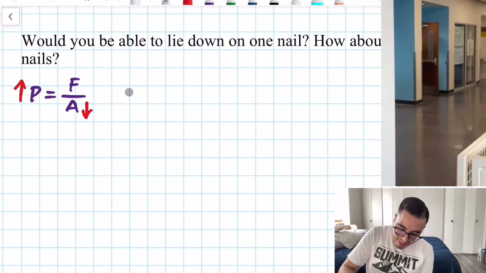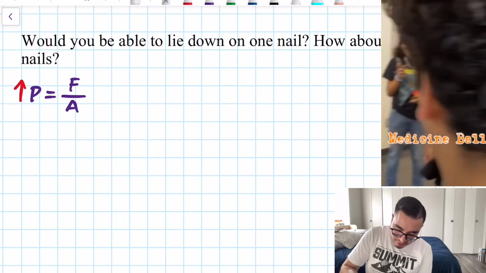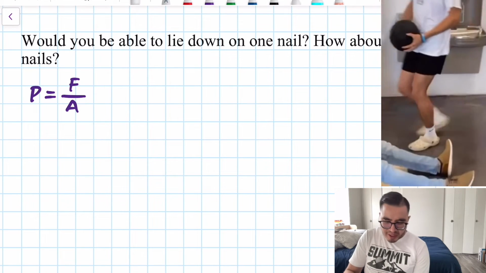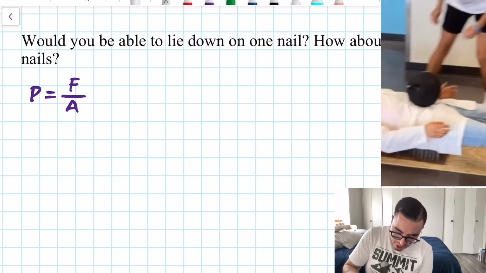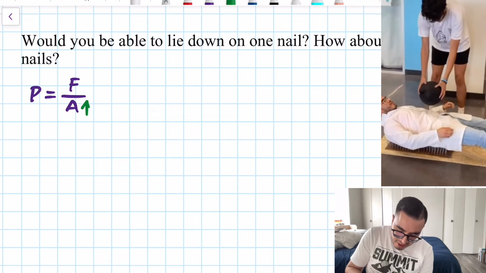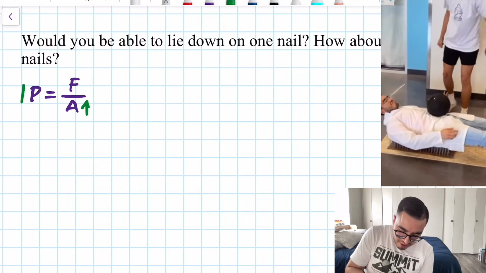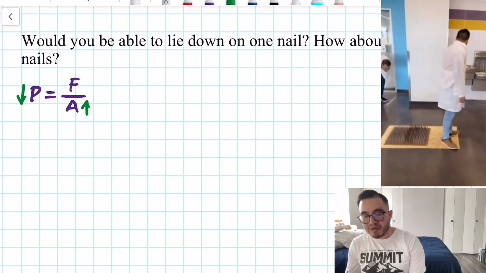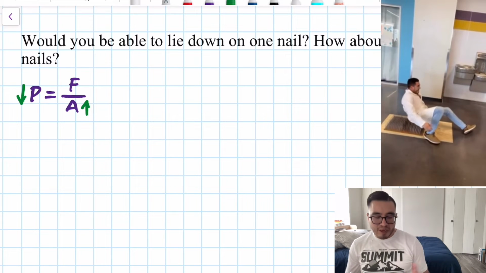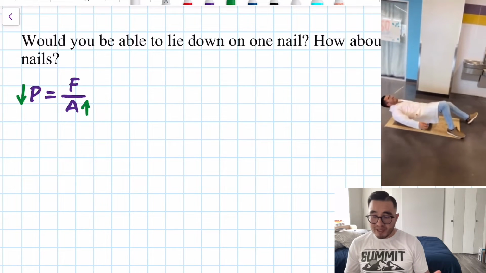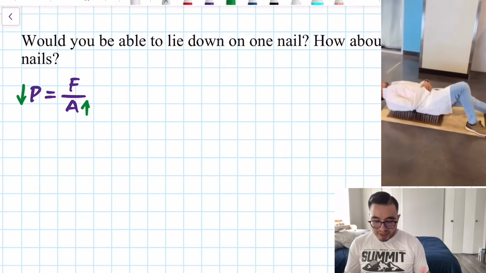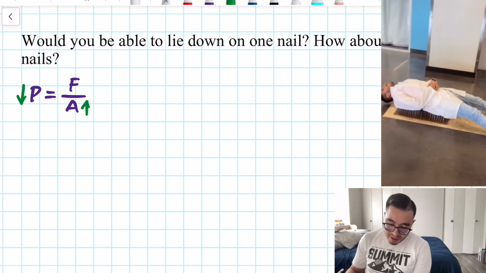So when I'm laying down on the bed of nails, and he used, I think, close to 80 or 100, the area increases, so that means the pressure I feel decreases. That's why I was able to lay down on the bed of nails and have a 10-pound medicine ball on me, and it didn't hurt.